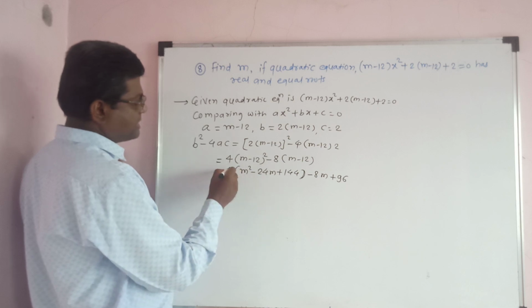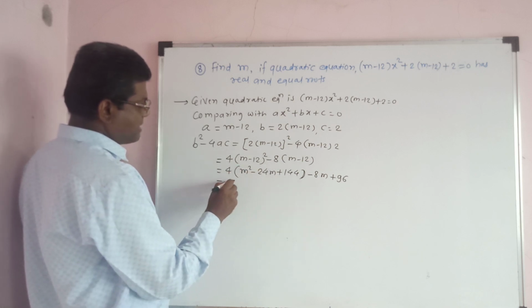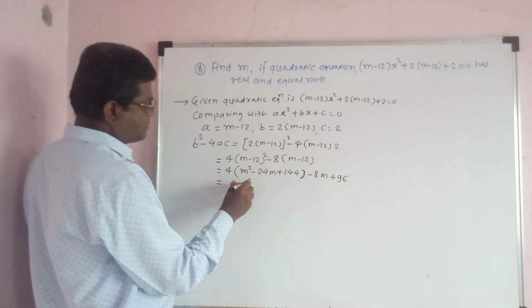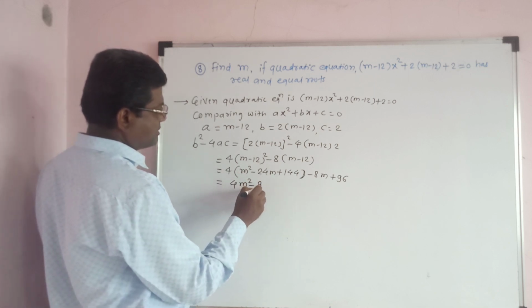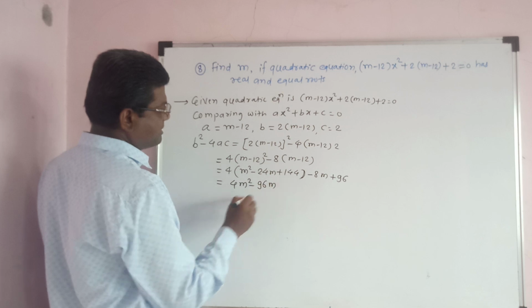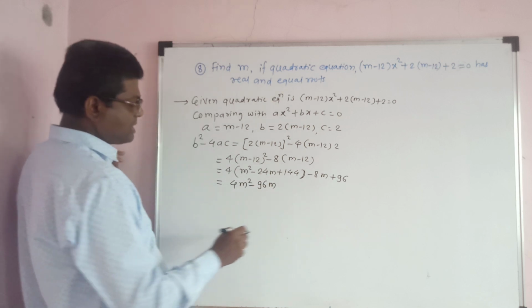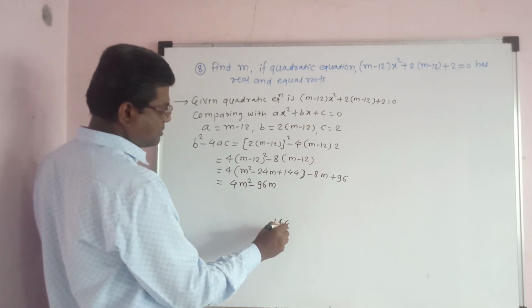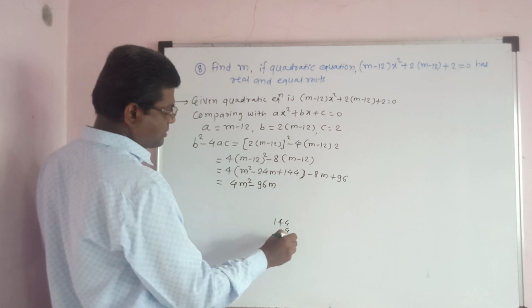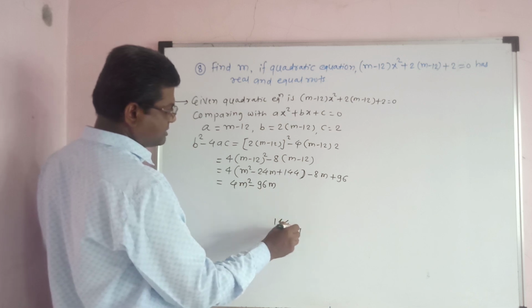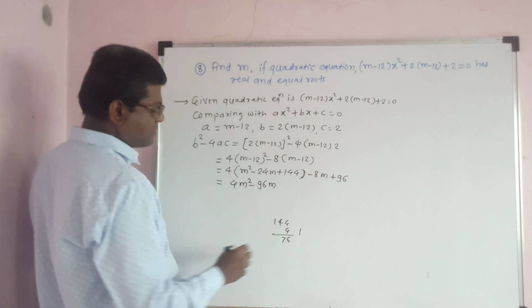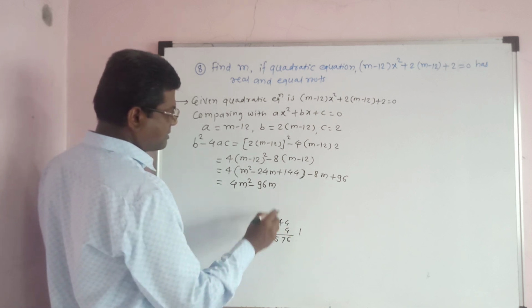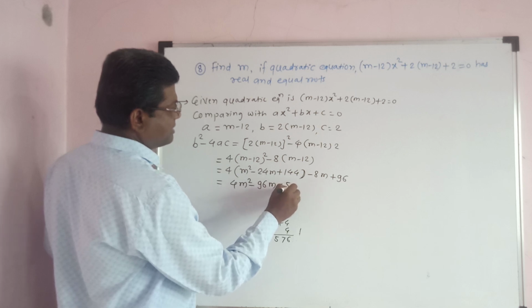Now multiply by 4 in the bracket: 4 into m², that is 4m², 4 into −24, that is −96m, and 144 into 4 is 576.